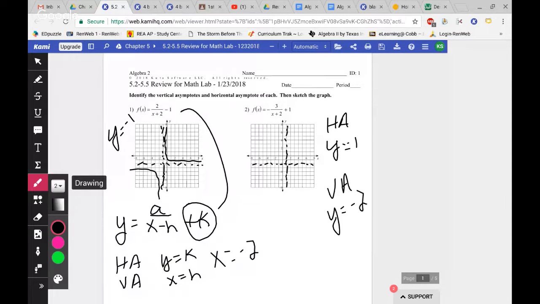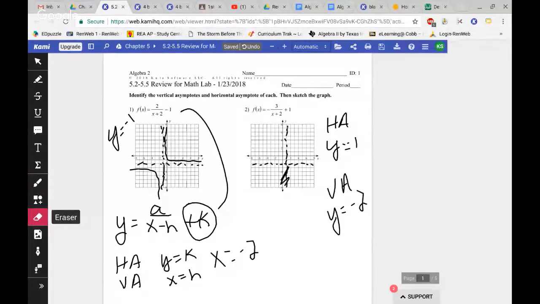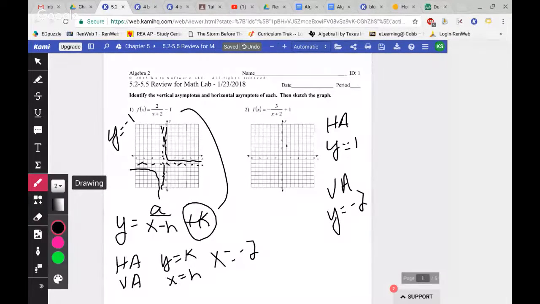Did I draw that right? Oh, I didn't. Oh. No one caught that. Probably because it's hard to see.